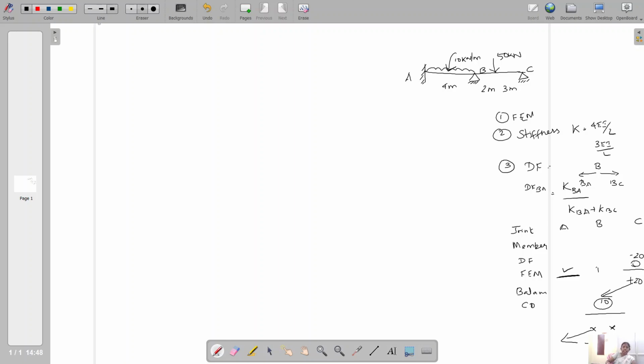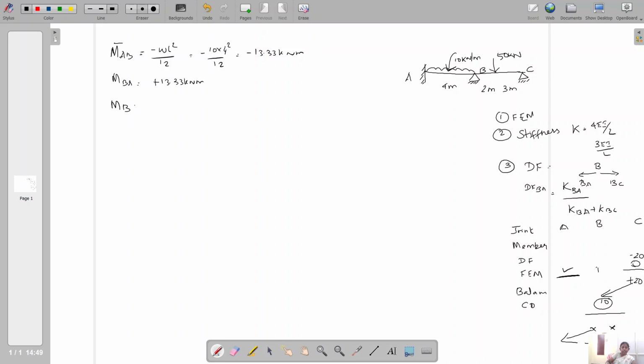So with this understanding, we can first calculate the fixed end moment, that is M bar AB is equal to minus WL square by 12. So minus W into 4 square by 12. So it is minus 13.33 kilonewton meter, and the M bar BA is plus 13.33 kilonewton meter, because it is plus WL square by 12.